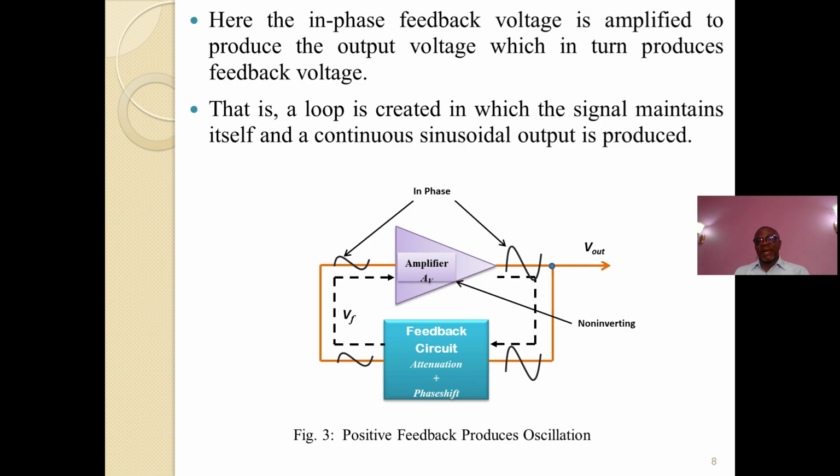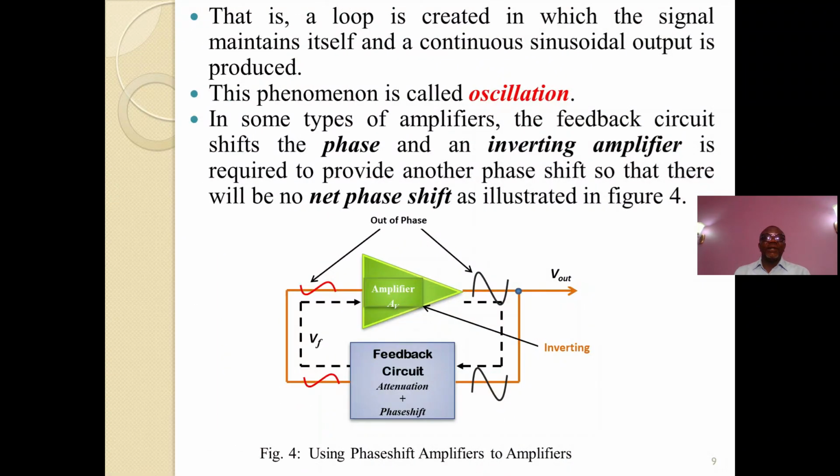Now, this amplifier is non-inverting. When we say non-inverting, it means that the phase of the output is the same as the phase of the input. Now, the other condition is that a loop is created in which the signal maintains itself and a continuous sinusoidal output is produced. This phenomenon is called oscillation.